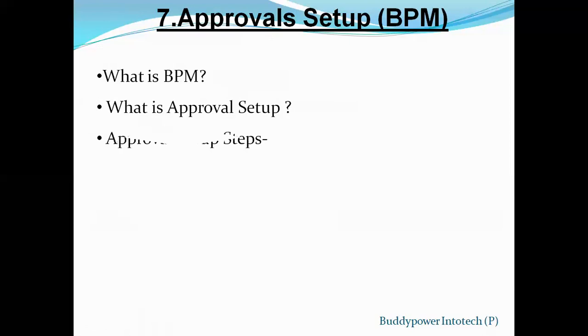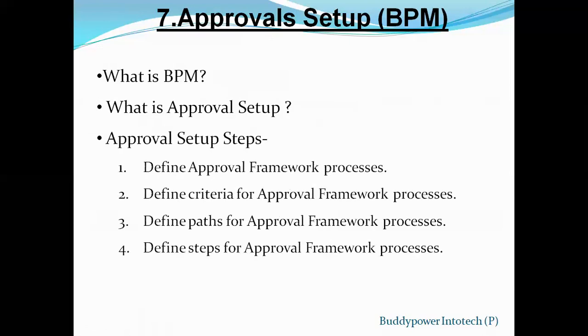Basically, there are these steps in approval setup, like the define approval framework process. These are all basically huge, big jargons. What happens in these stages is you define the management hierarchy, the supervising hierarchy, like line manager or resource manager or something like that.